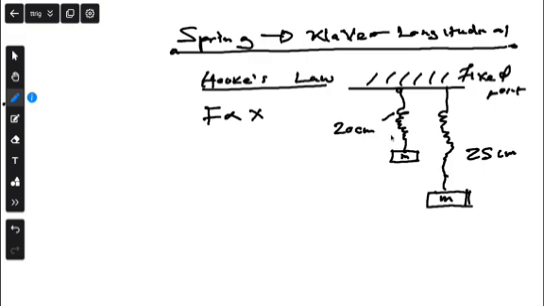Alright, so that is very, very important to know. So Hooke's law states that the force or the load applied to the spring is directly proportional to the extension, provided that the elastic limit is not reached.